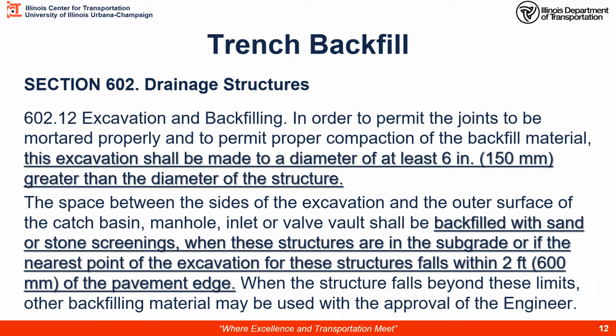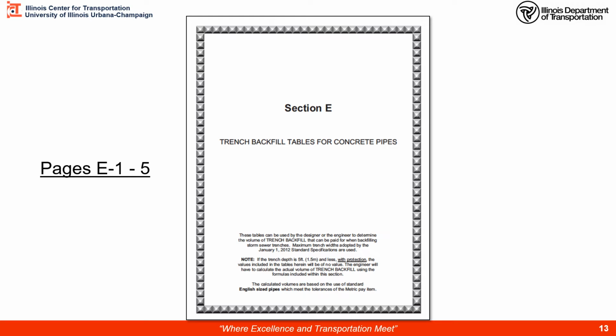Likewise, if that structure is within 2 feet of the pavement edge, then the backfill material will need to be either sand or stone screenings. Let's go to section E of the DOT guide and review E1 through 5.